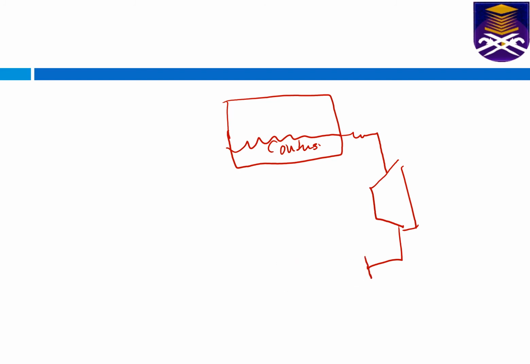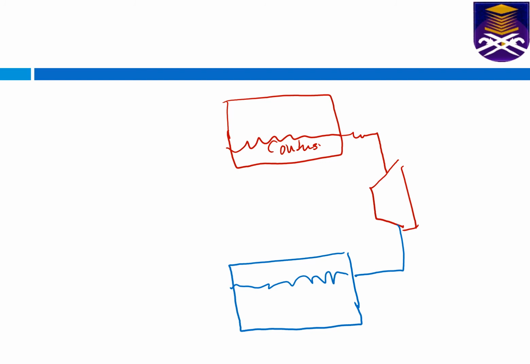Okay, I will redraw the evaporator in blue color, because this is a colder condition. So this is a cooler one, and then you have an expansion valve here. This is the heating section.